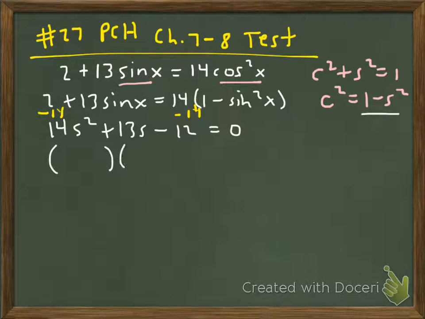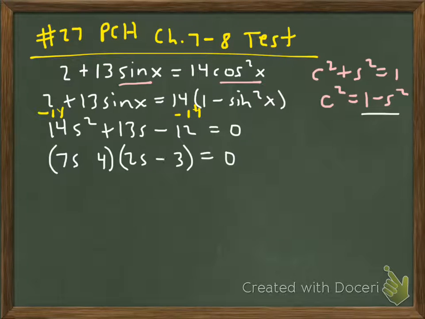More often than not, this is going to factor. So when we factor the left side, we've got factors of 14: 7 and 2. I'm assuming that's going to work. And then we have 4 and 3, that would be good. 3 right there and 4 here.